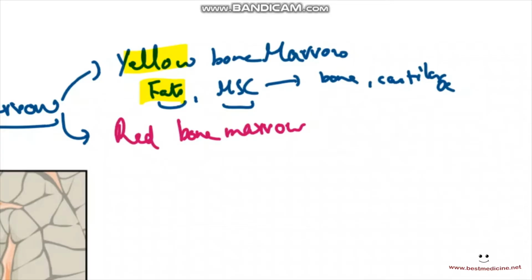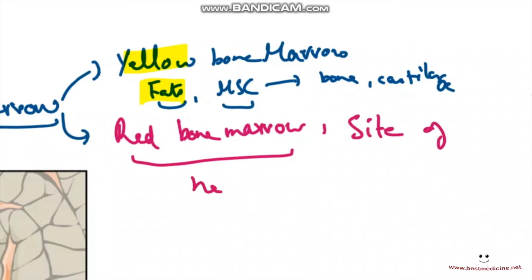Similarly, we have a red bone marrow that is present inside the medullary cavity of the bone. Red bone marrow is a site of hemopoiesis. And hemopoiesis is basically the process through which blood cells form, especially immune cells.